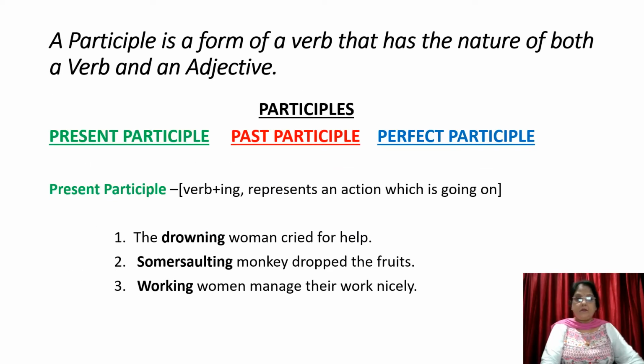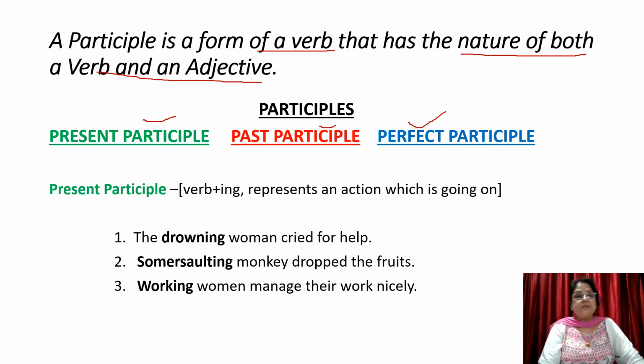Now, what is a participle? A participle is a form of a verb that has the nature of both a verb and an adjective. And there are three participles: present participle, past participle, and perfect participle.